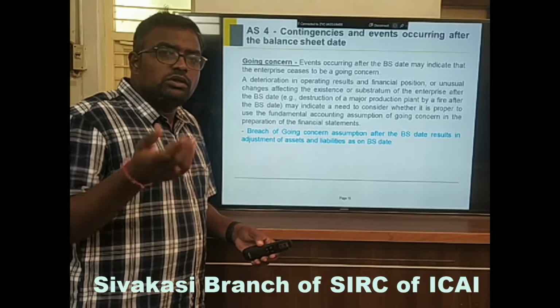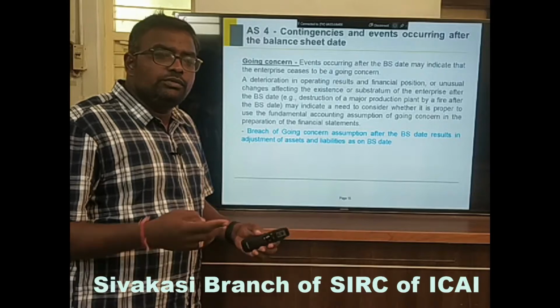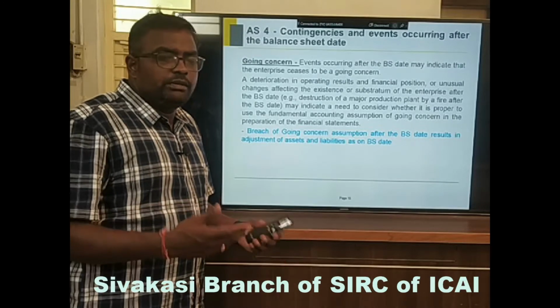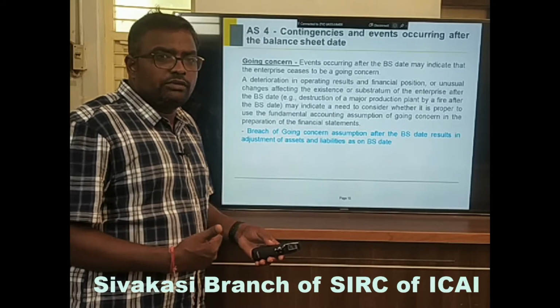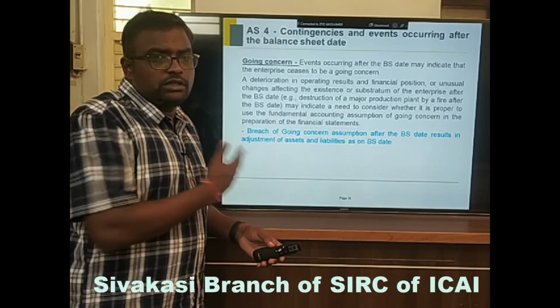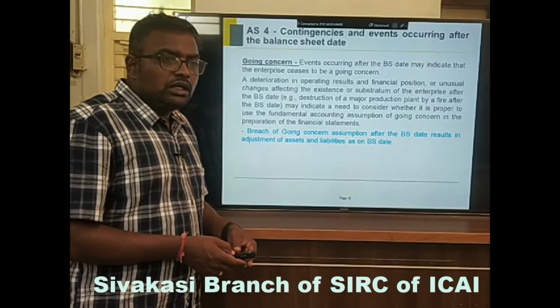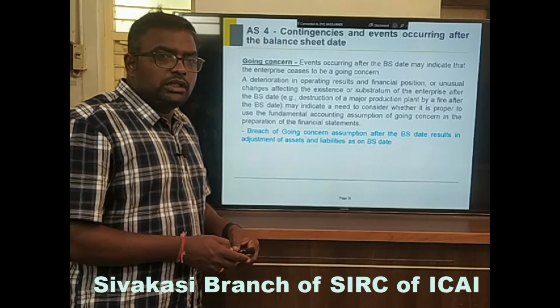Those are the industries they are talking about. So if there are going concern issues, whether it be an adjusting event or a non-adjusting event, please ensure that if the going concern assumption is affected, it has to be disclosed properly in the financial statements, or the accounts should be prepared on a liquidation basis.